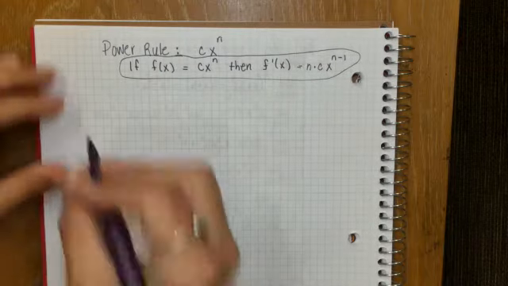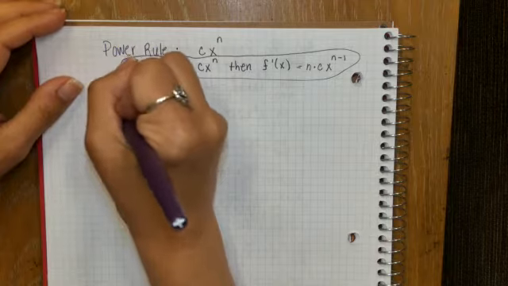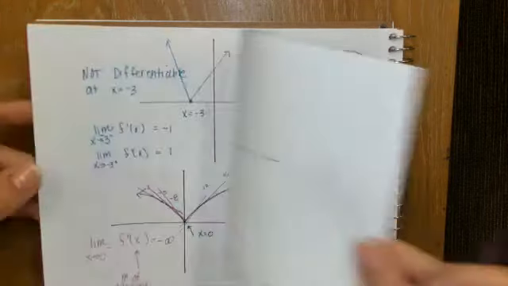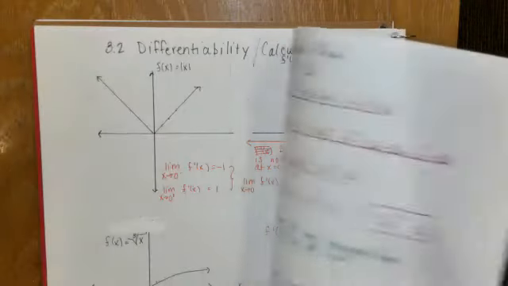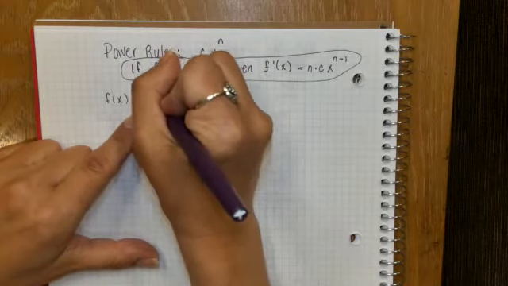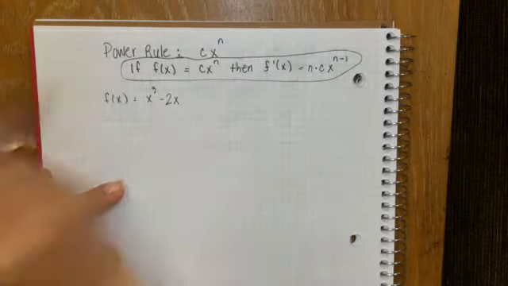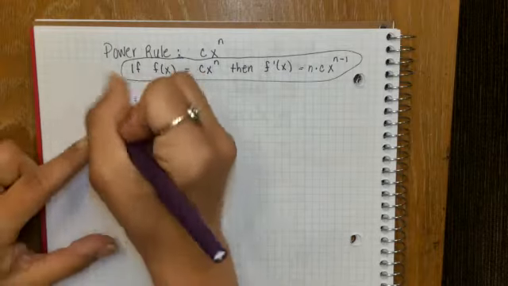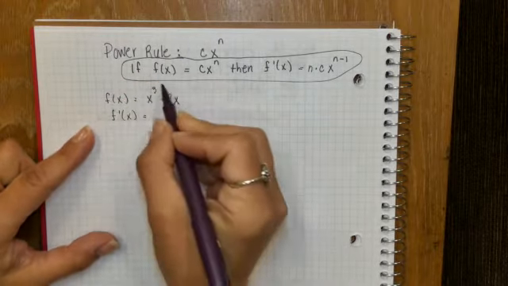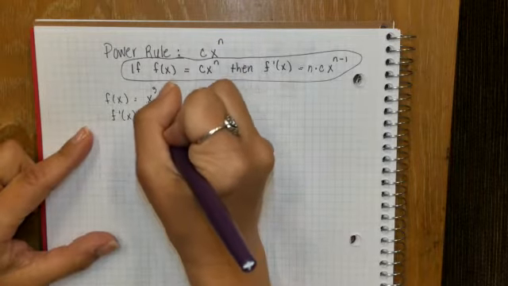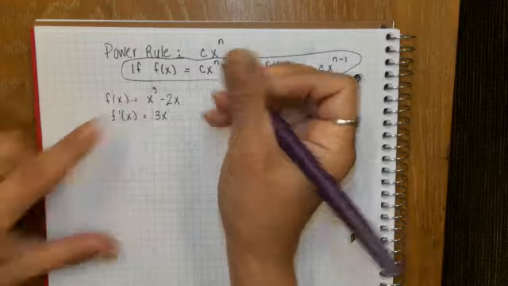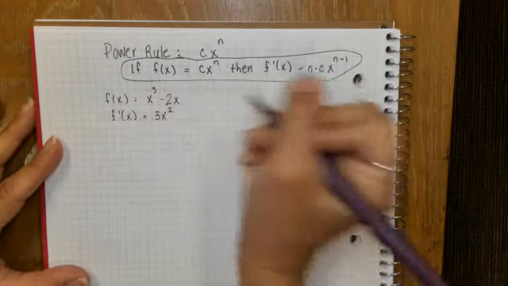So in this previous example, f of x was, what was it? x cubed minus 2x. f prime: bring the 3 down in front, x, decrease the power by 1.